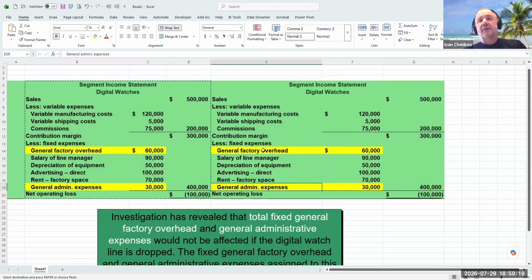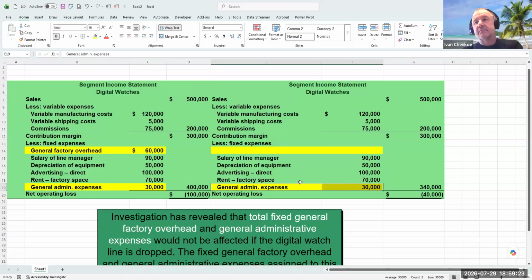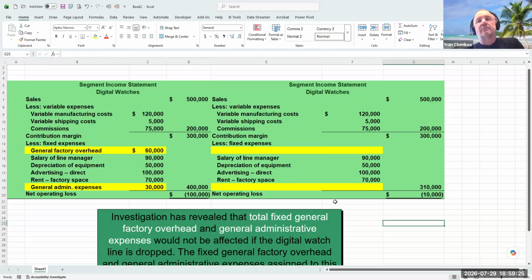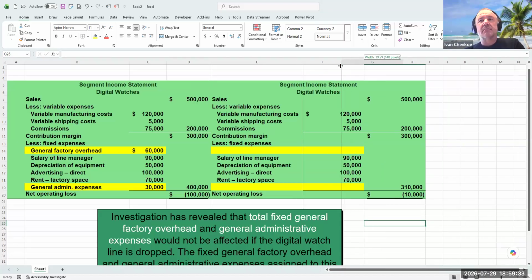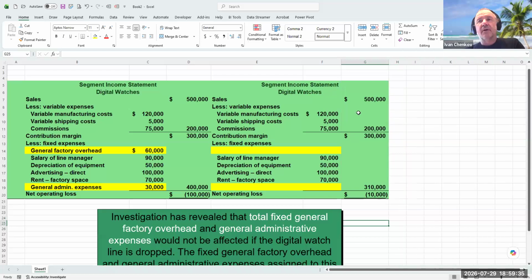If I eliminate this, all the green stuff disappears. The yellow stays with the company because we cannot eliminate that cost. So far, with everything that stays up to this point, we're losing $10,000, not $100,000.